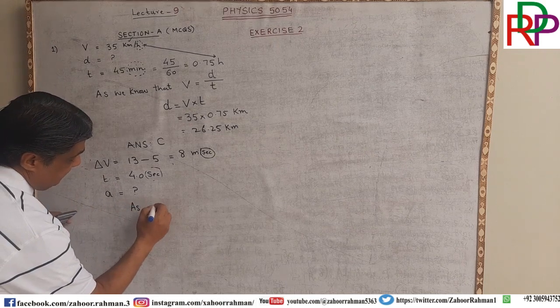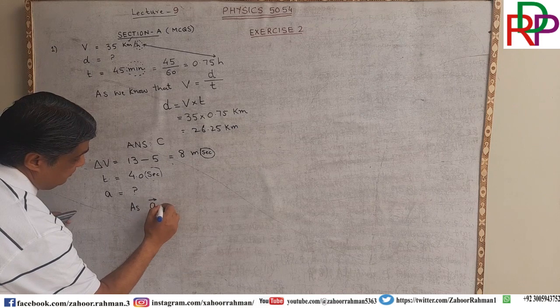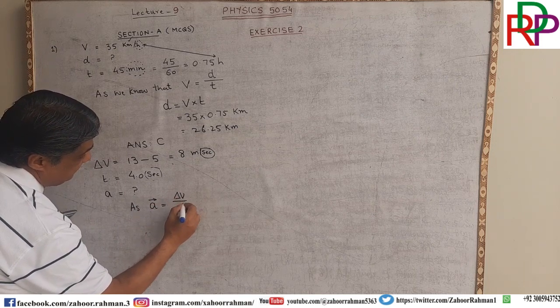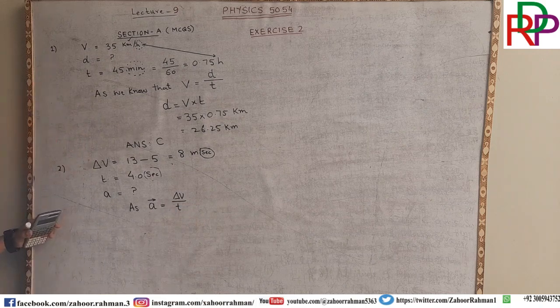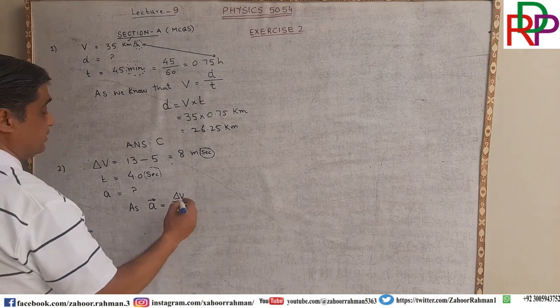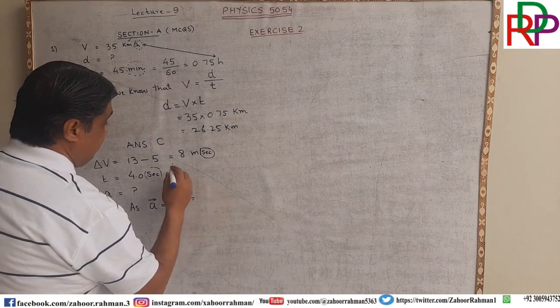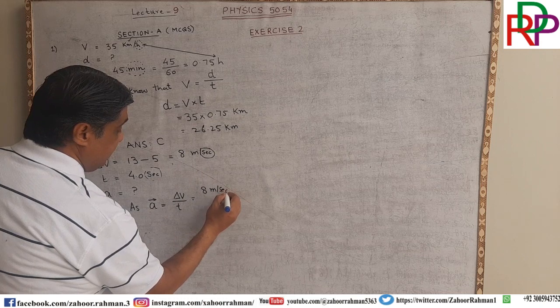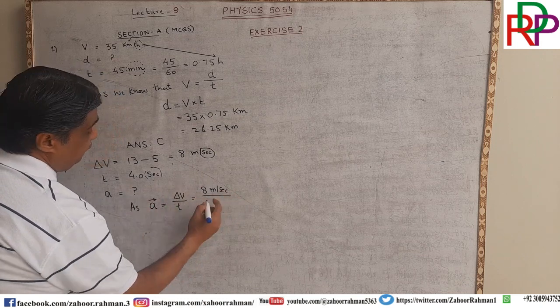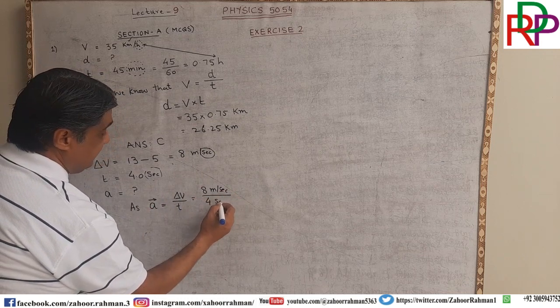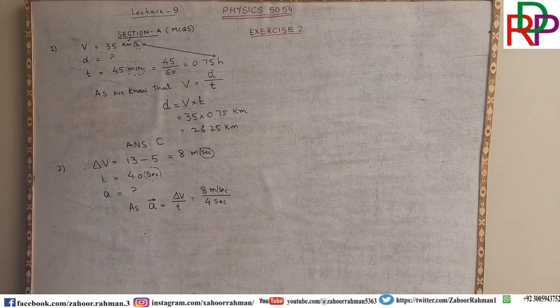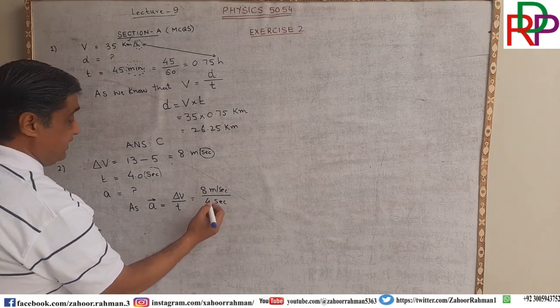Acceleration, which is a vector quantity, is rate of change of velocity with respect to time. So we are having both of them, that is 8 meter per second and 4 second as the time.